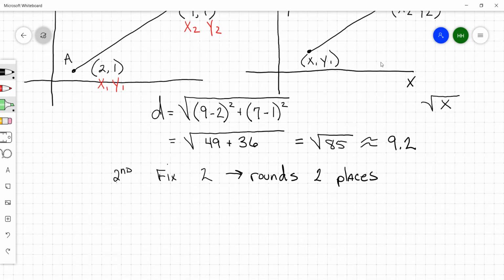All right, very good. So let's move on to the midpoint formula.